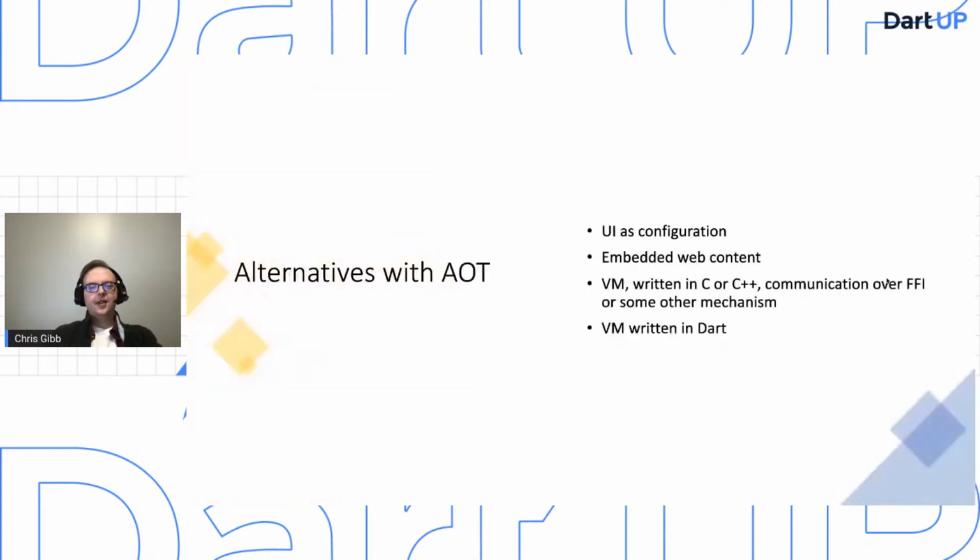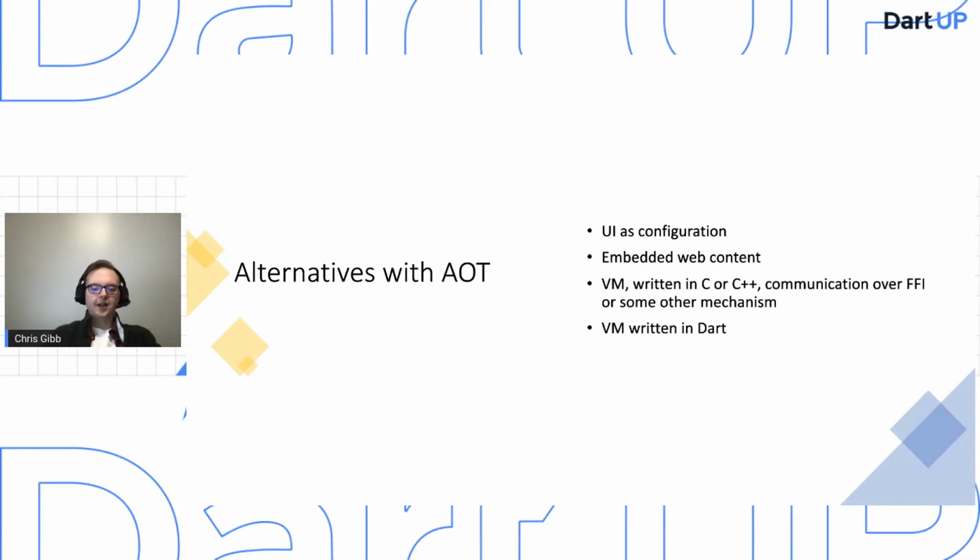So if Flutter makes Dart AOT our only viable option for release builds, why don't we look at some different approaches that we can use to work with Dart AOT instead of fighting against it? There are a few broad approaches that I've seen in the community at large, and we're going to go through a couple of them.